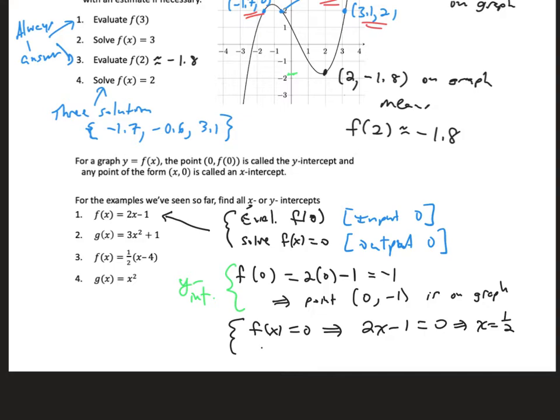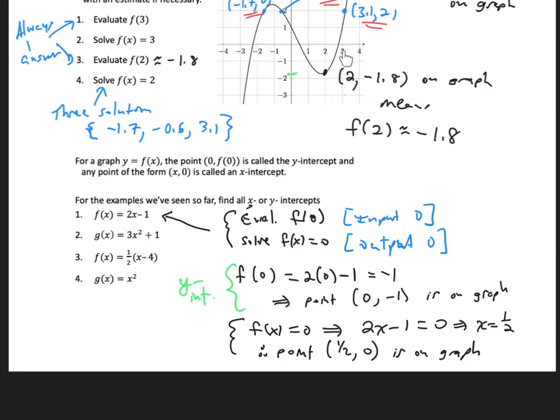So therefore, that means that the point that has input 1/2 and output 0 is on the graph. That's my input-output pair.